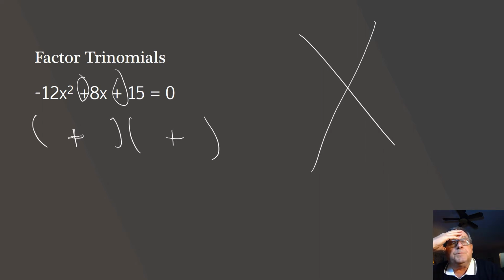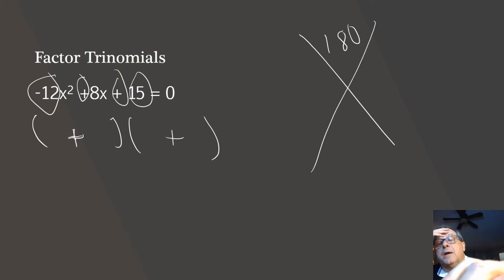But I take this coefficient, negative 12, and 15, and I would multiply those two together. Let's see, and that's going to give me negative 180.